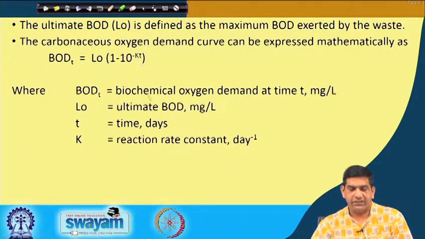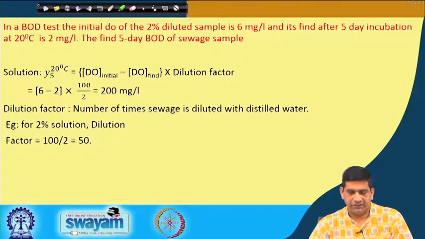Here BOD t is the biochemical demand at time t, L0 is the ultimate BOD, t is the time in days, and k is the reaction constant, per day.